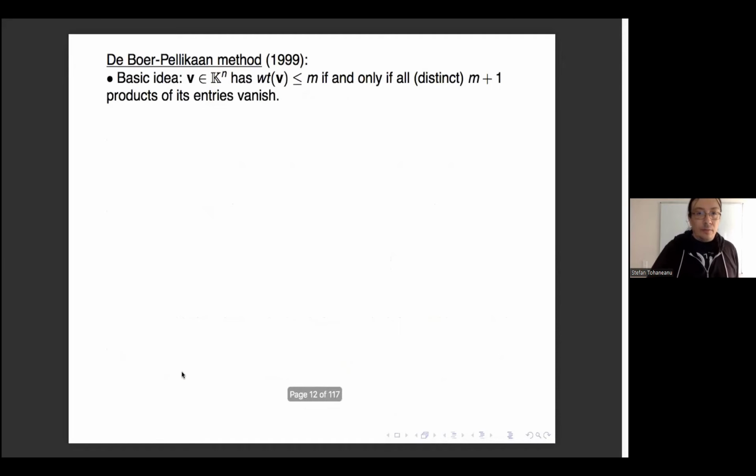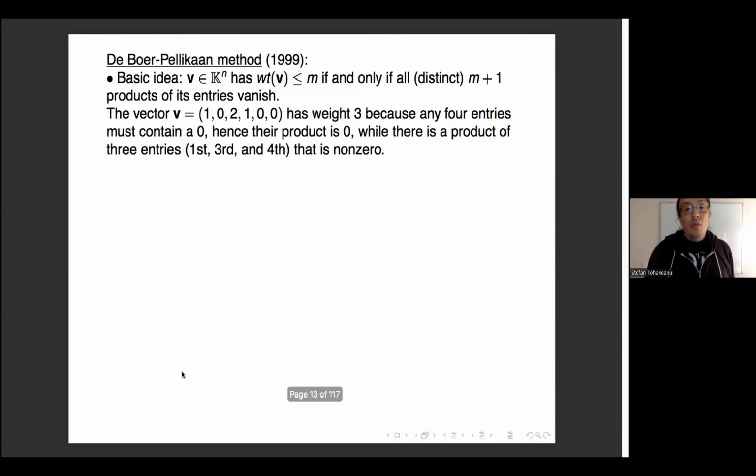Back in 1999, Bohr and Pelikan observed a very obvious thing. The weight of a vector is less or equal than m if and only if all distinct m+1 products of its entries vanish.